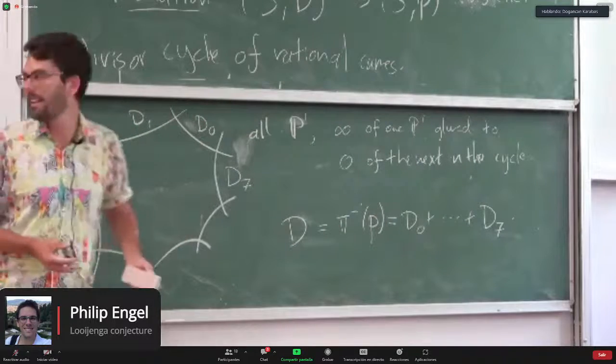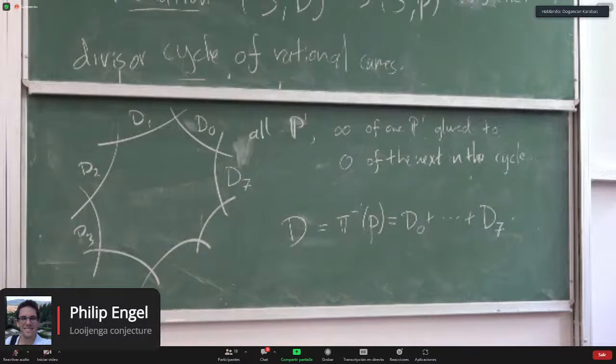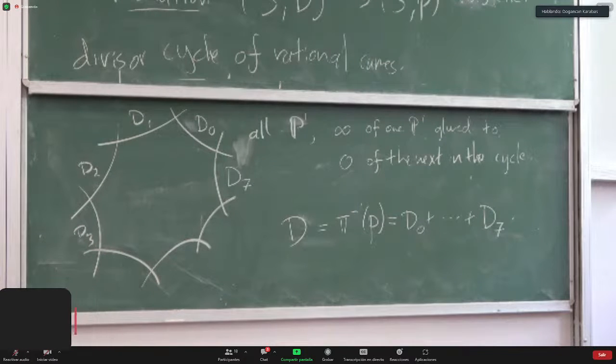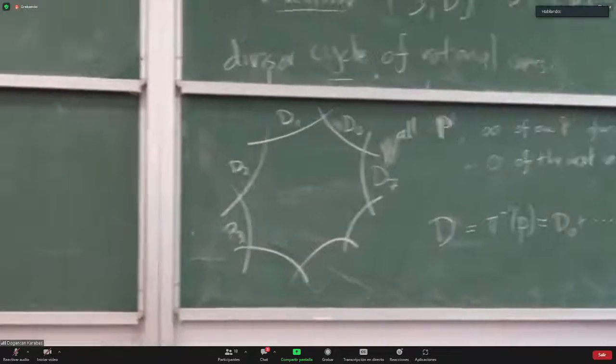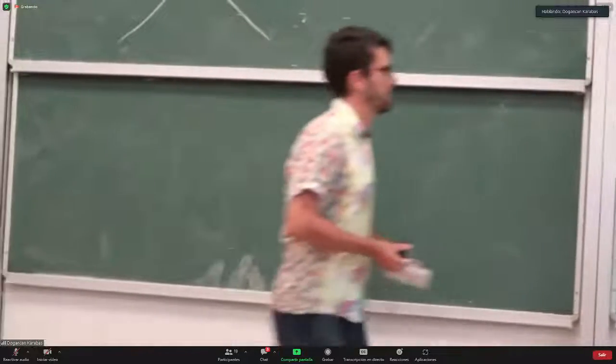That's all it is. Okay. And this is also an elliptic singularity because that cycle has genus 1. This is an elliptic singularity.